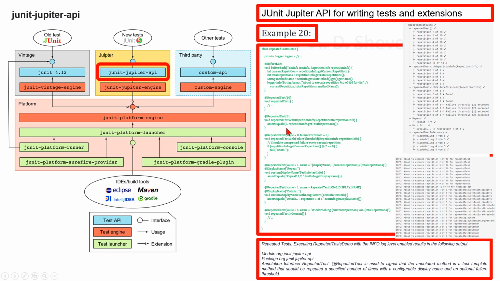repeatedTestWithFailureThreshold demonstrates how to set a failure threshold and simulate an unexpected failure for every second repetition. The resulting behavior can be reviewed in the console launcher output at the end here.